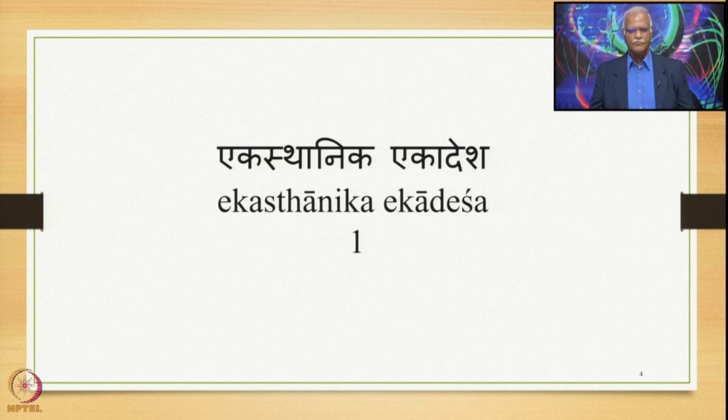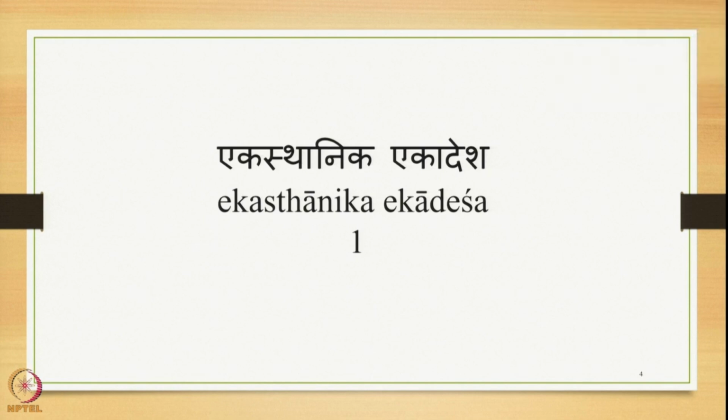And the other category would be dvisthanika ekadesha, one substitute in place of two substituents. Currently we are studying the instances of ekasthanika ekadesha, and the first instance, namely the yan sandhi, is what we have been studying for a few lectures now in detail.